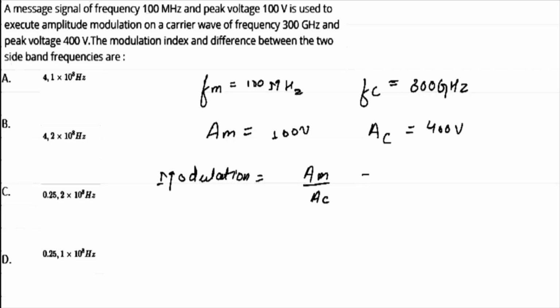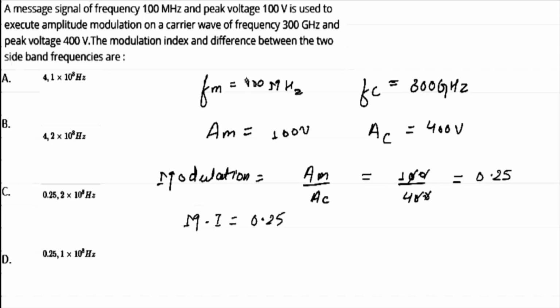Putting in the values, Am 100 upon Ac 400, it comes to be 1 upon 4, which is equal to 0.25. So we have found the modulation index, which is always less than 1. So 0.25 is less than 1. So the modulation index we have found is 0.25.